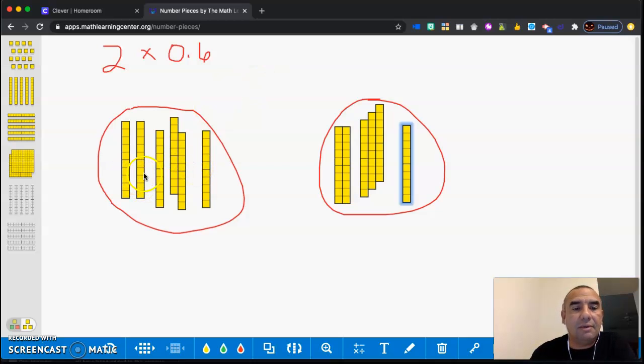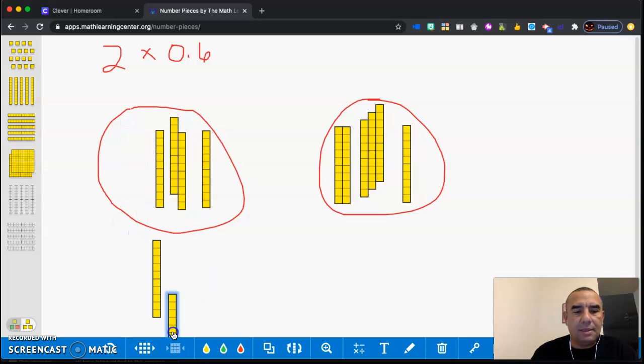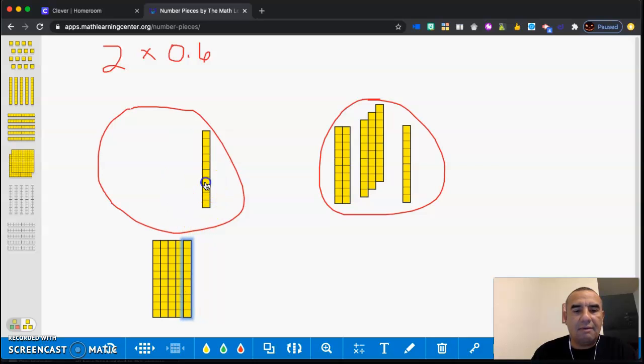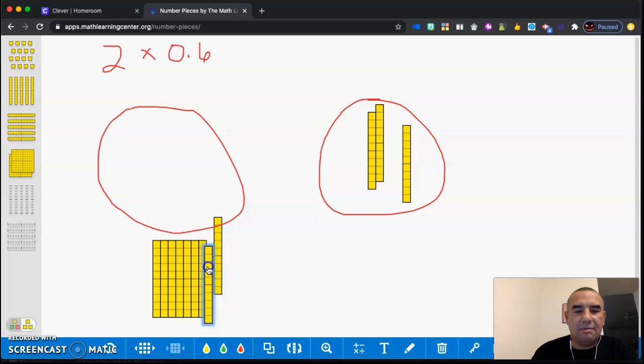Well, the answer is we have 1, 2, 3, 4, 5, 6, 7, 8, 9, 10, 11, and 12/10. So we know that 10/10 makes one whole, so I am going to put them together here. 1, 2, 3, 4, 5, 6, 7, 8, 9, and 10.